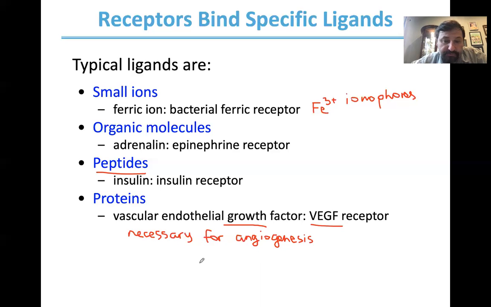And this is obviously a very important process physiologically, but it has also been a drug target for a lot of pharma companies, specifically because tumors are heavily involved in the construction of blood vessels. Why do you think tumors are so interested in angiogenesis?